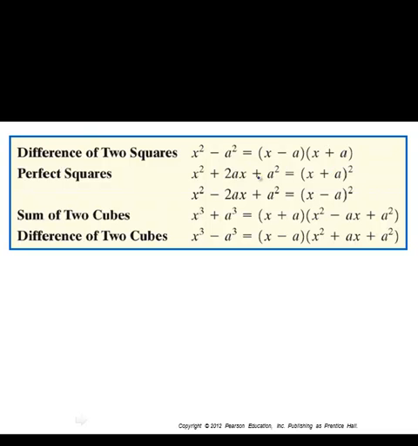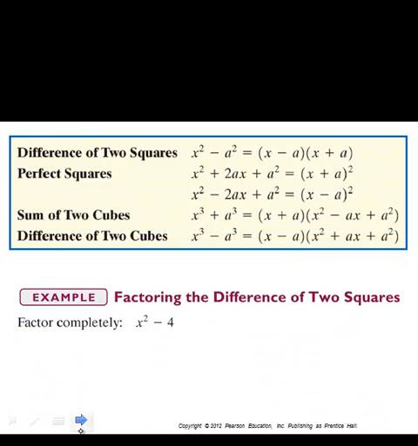Or if you have a perfect square of a binomial, either with the plus version or the minus version, sum of 2 cubes, or the difference of 2 cubes. All right, so whenever we see a polynomial with one of these special forms, then we can quickly factor it using the right-hand side of the formulas there.